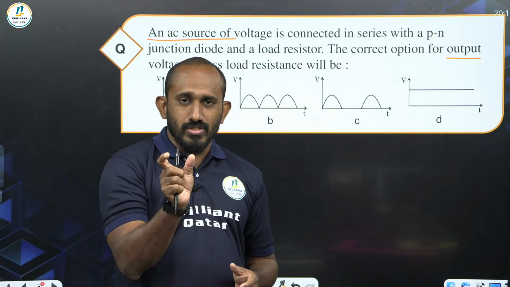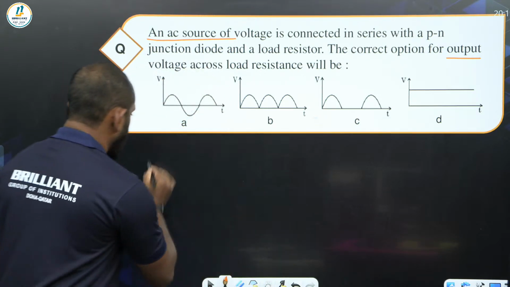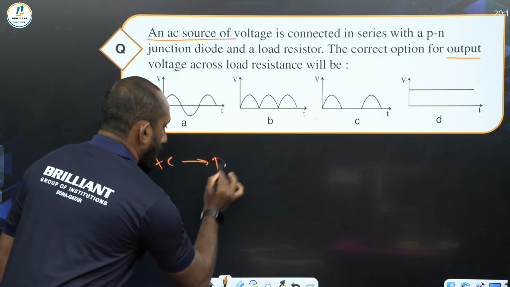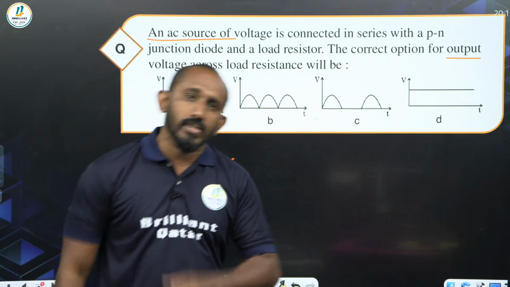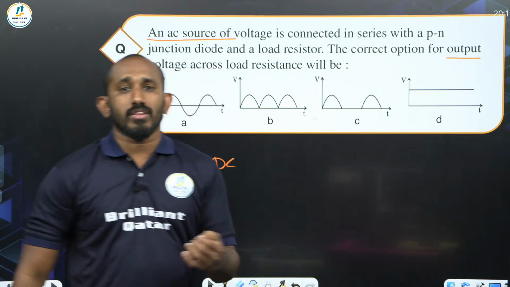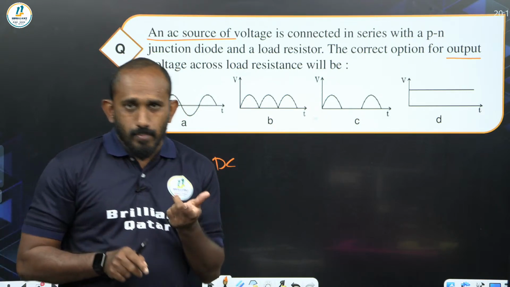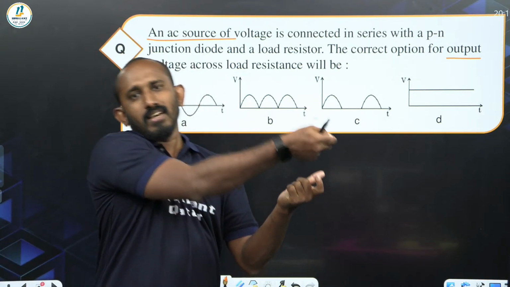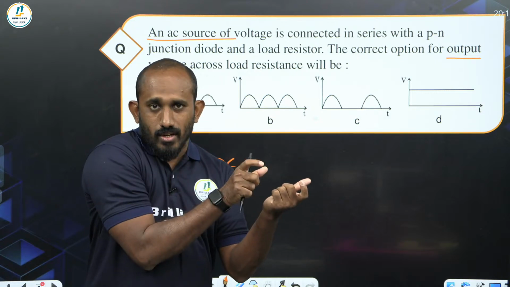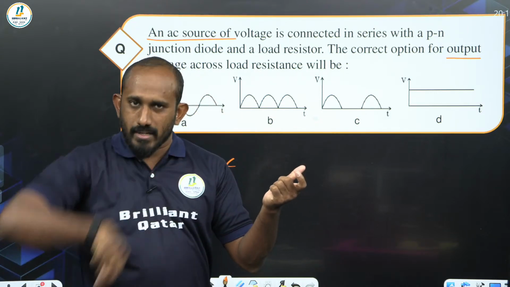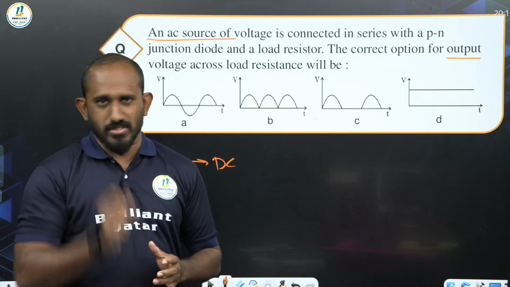A rectifier is a device which converts AC to DC. Alternating current is converted to direct current. What we use in all the battery devices like mobile phone, laptop, anything to charge, we plug in. So from the plug we have AC, converted by the charger or the adapter to DC, and the battery stores the current in the form of DC.